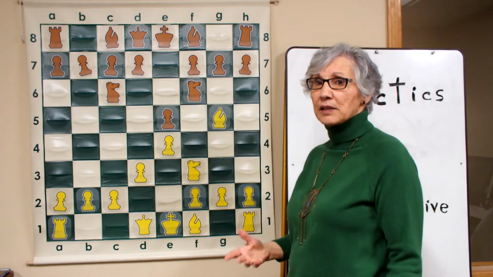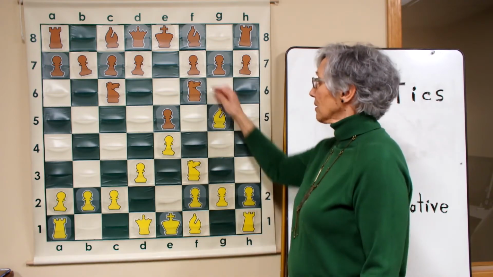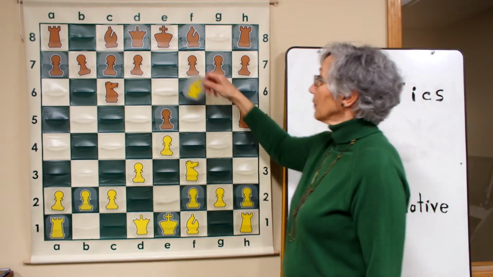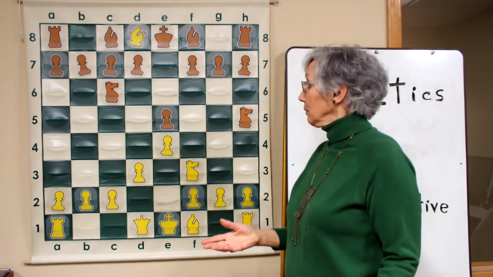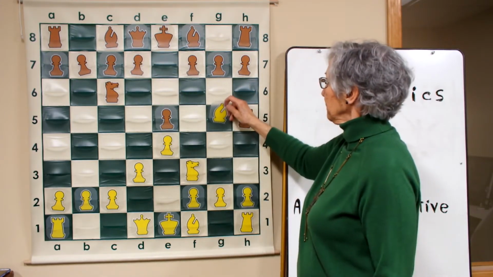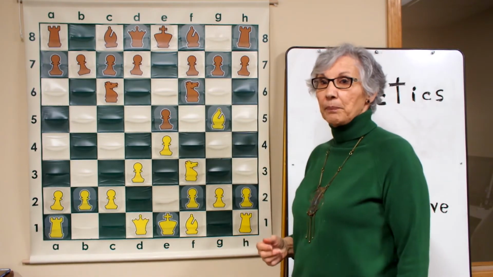And this is a relative pin. The knight can move if it wants. I mean, it can move here and the bishop will capture the queen. I mean, Black wouldn't do that, but it can. It has that choice. That's why this is a relative pin.